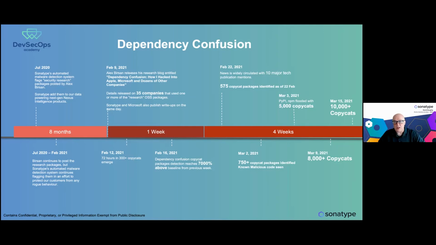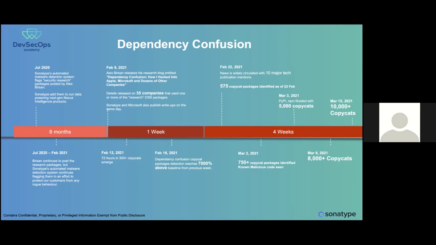If that had been somebody trying to do it maliciously, you can only imagine the amount of problems that would have caused globally. However, once he published his research, it resulted in a massive copycat package publishing exercise.